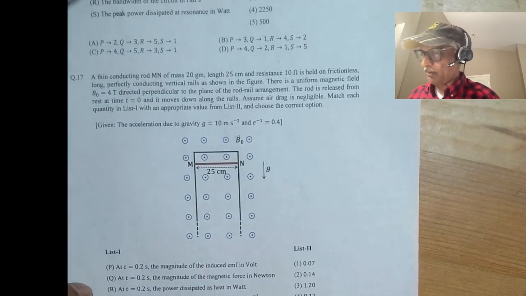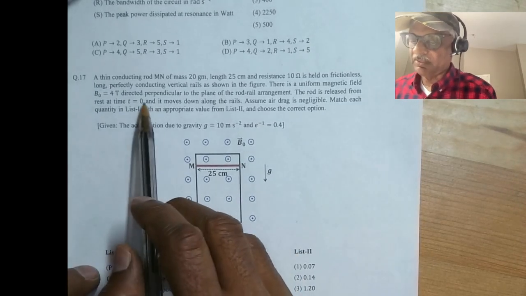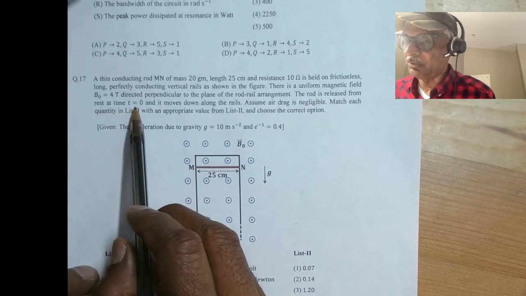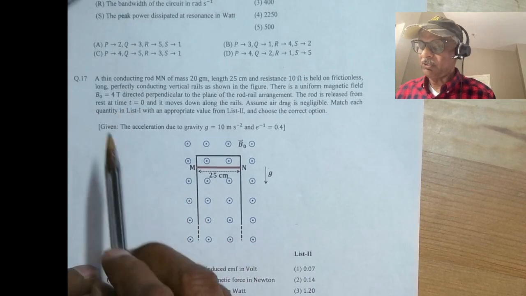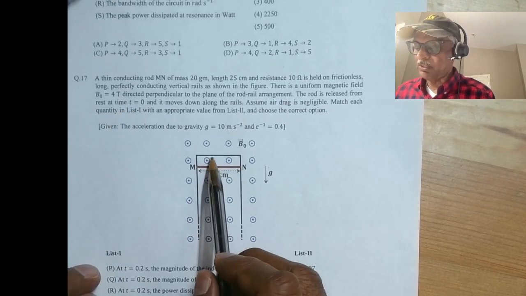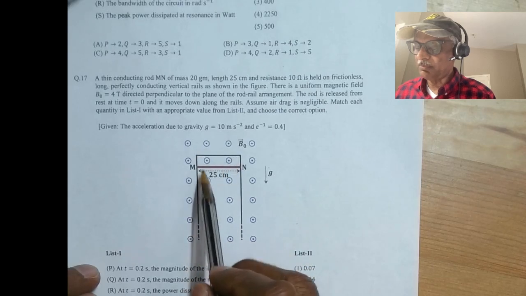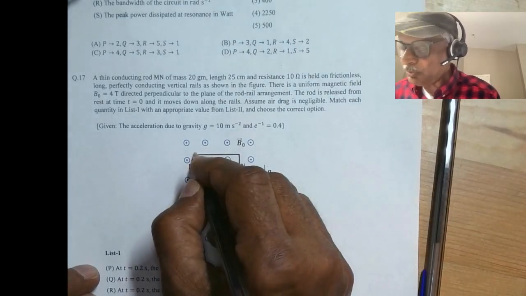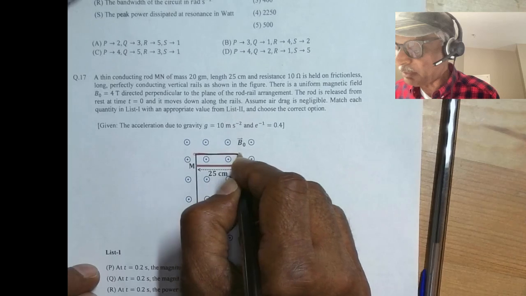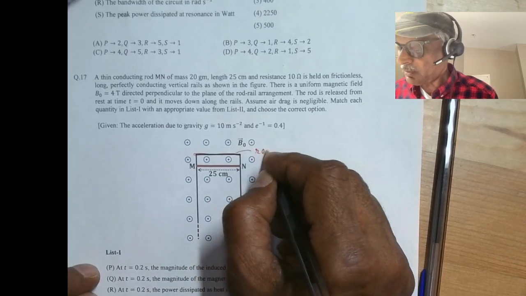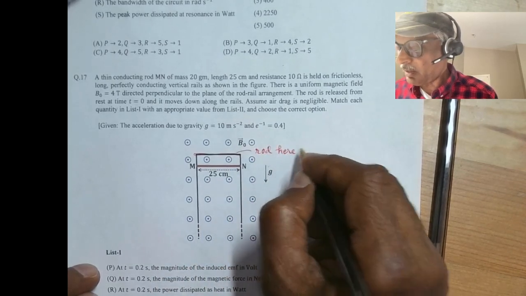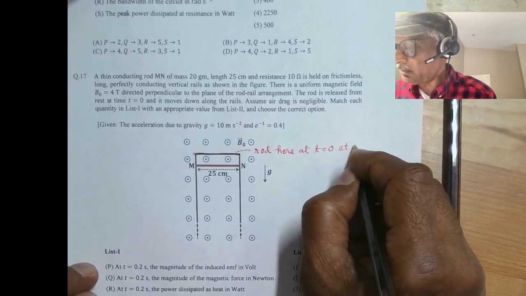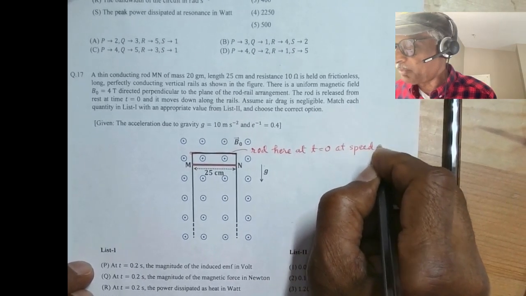What is not given is, if you look at it, the rod is released from rest at time t equals 0, but it's not given where the rod is at t equals 0. So I'm going to just assume, that's going to be my assumption, that the rod is here at t equals 0 with speed 0.